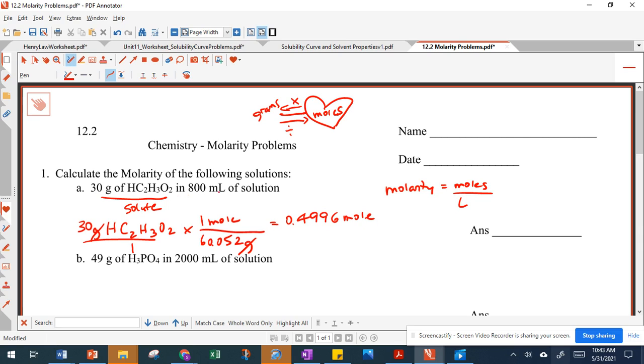We have to also get this to liters, so that's going to be 0.8 liters. Now we're going to take our moles, divide that by our 0.8 liters, and then we get 0.6 molar. We can write that as capital M or 0.6 molar. Those are both correct. So that's where you're asked to find the molarity. Again, just be careful about what's your solute, what's your solvent.